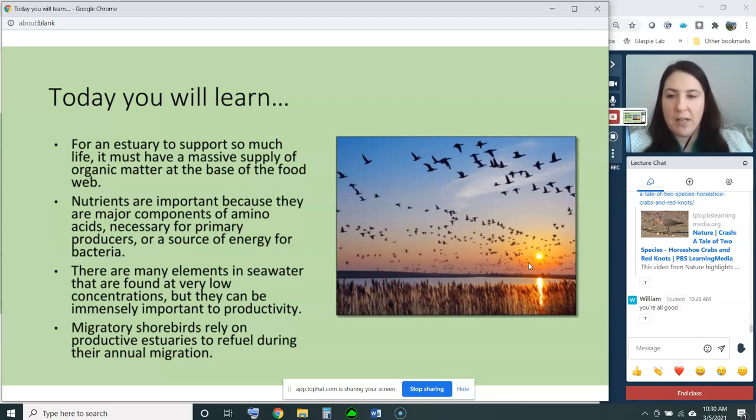So that's why nutrients are nutrients. There are many elements in seawater that are found at very low concentrations, and these are trace elements, but they can be immensely important to productivity. And then we'll learn that migratory shorebirds rely on productive estuaries to refuel during their annual migration.